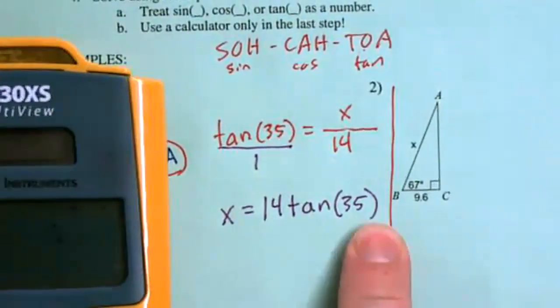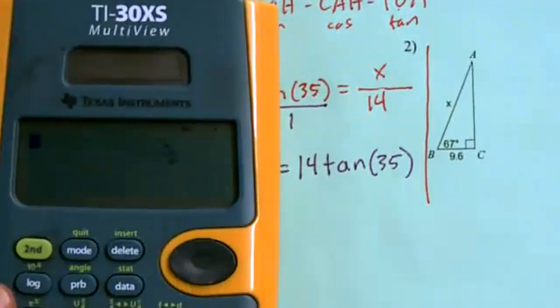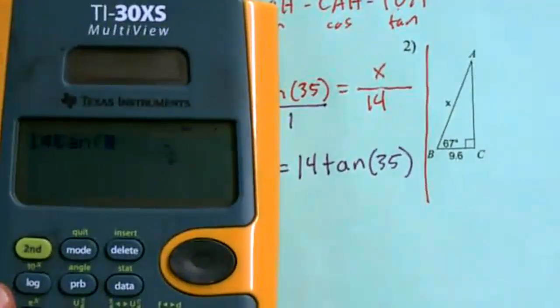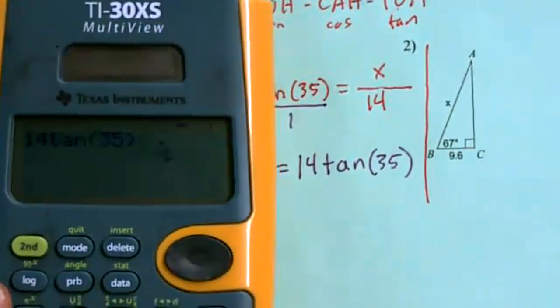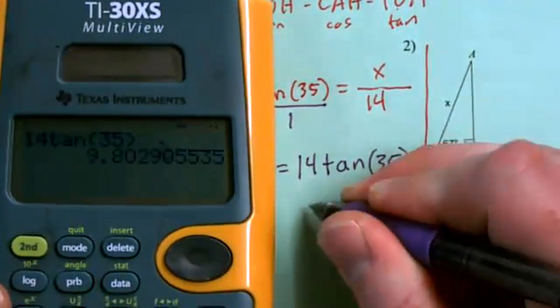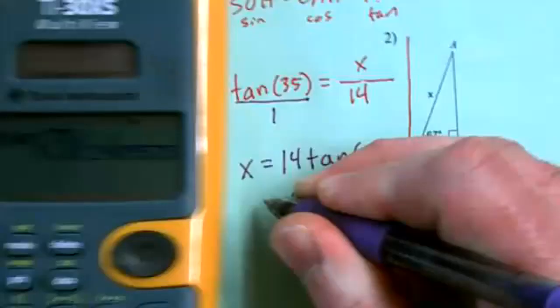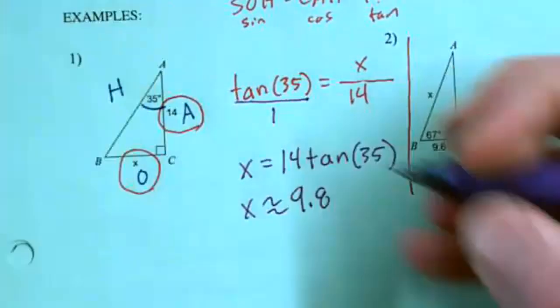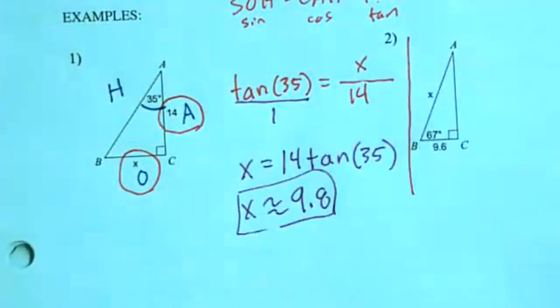14 tan 35. Round it off to 1 decimal place, and we got an answer. X is about 9.8. That's it. Let me show you how to do this. Gotta do it backwards. You figure it out. So do the angle first.